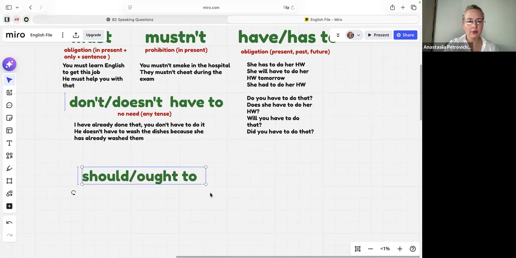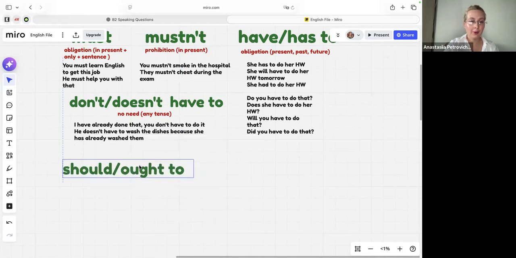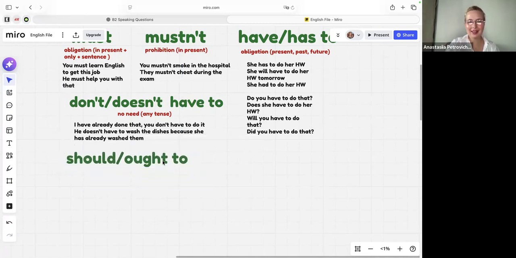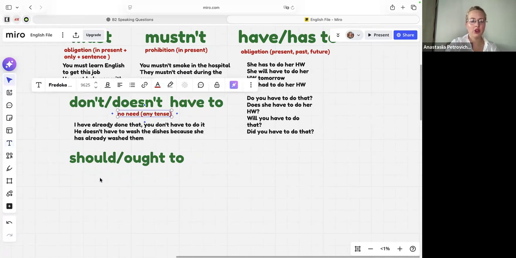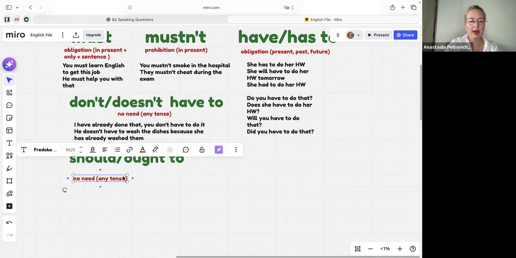Why I wrote them using slash? Because, as you can guess, they are absolute equivalents, right? They mean the same. So we use should and ought to when we give recommendation or advice.